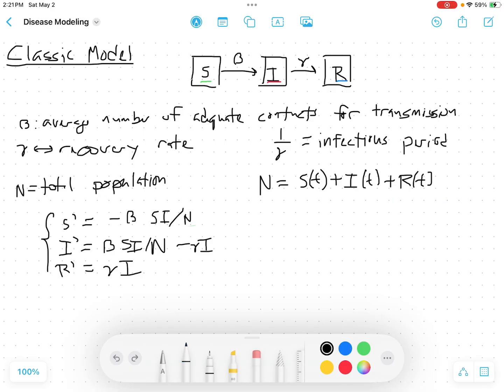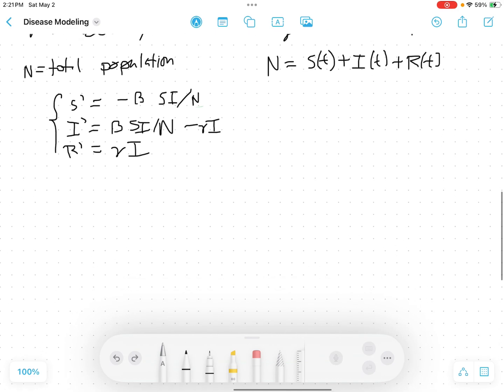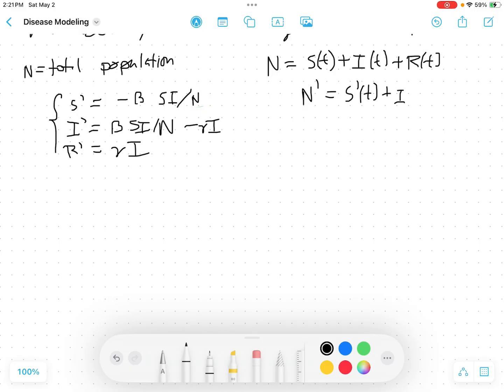Just doing a little bit of calculus, we're going to see that here N prime of t is going to be equal to, just because derivatives are, and we can say this now that you've seen some linear algebra, a linear operator. Anyway, you can split up derivatives over addition. That's the thing that you've known since calculus.